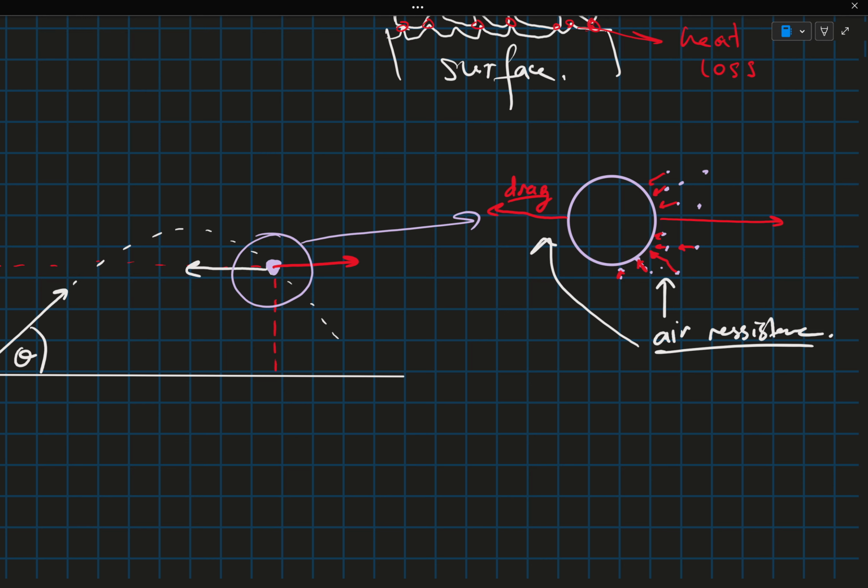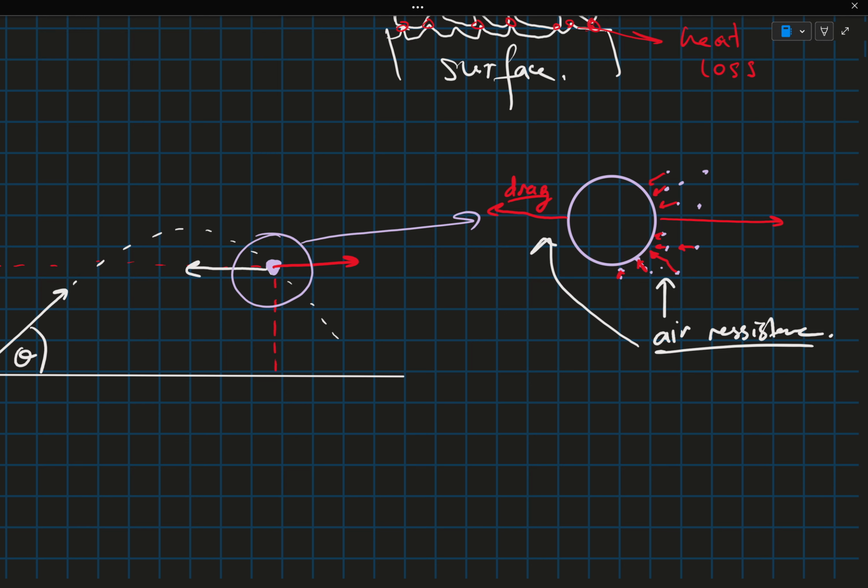So let's say that this object is moving through some fluid, moving this way. Let me just represent it. Alrighty, so that object is moving through some fluid in that direction. Remember the definition of a fluid: it's made up of small, tiny particles that can flow.